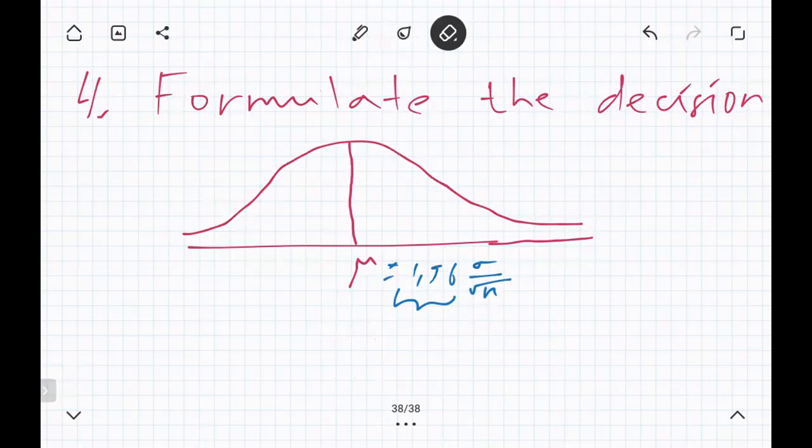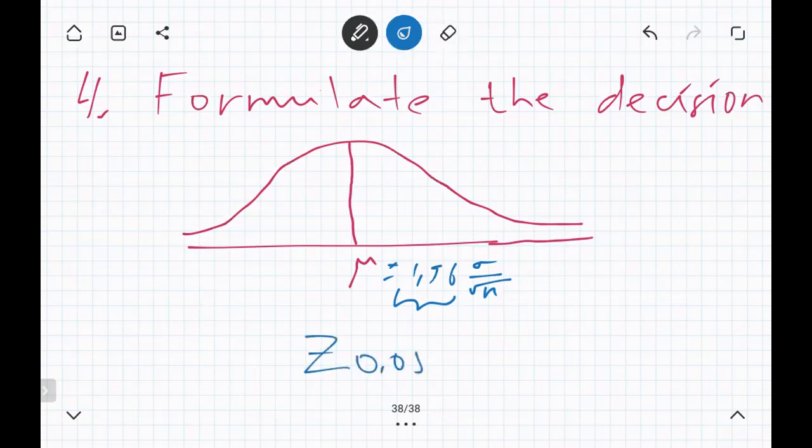Z for 0.05 equals 1.96. So let's imagine that boundaries of this confidence interval are somewhere here, maybe, and here, just for example.